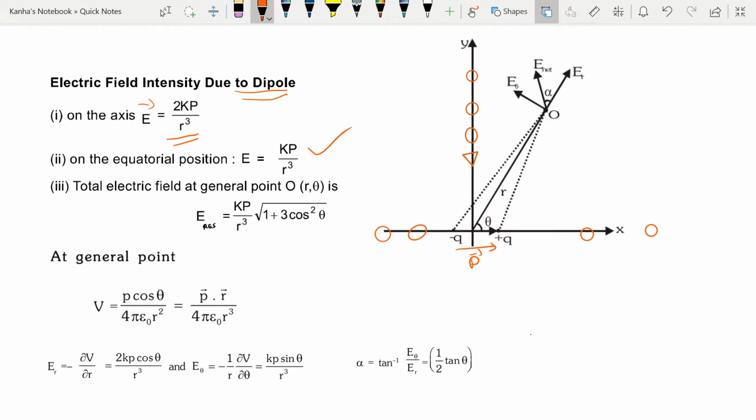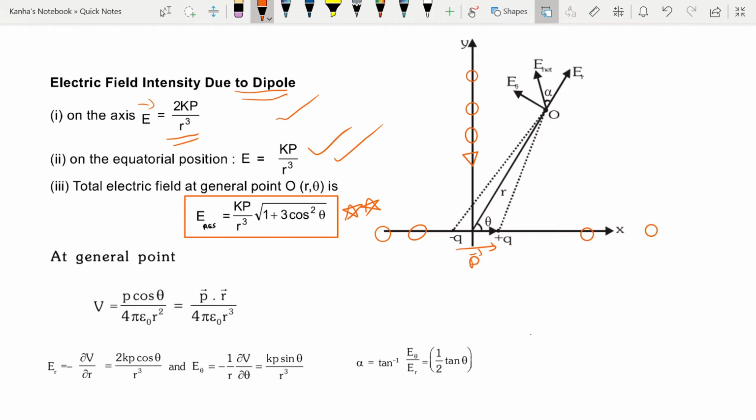More generally, at any point (r, theta), where r is your radial vector and theta is your polar coordinate, E is equal to kp by r cube into root of 1 plus 3 cos square theta. It's essential for you to remember this form, because this can be reduced to find the E on the axis and the E on the equatorial position.